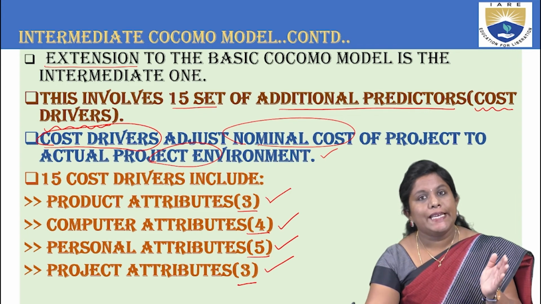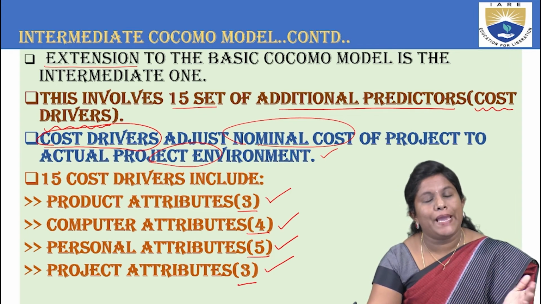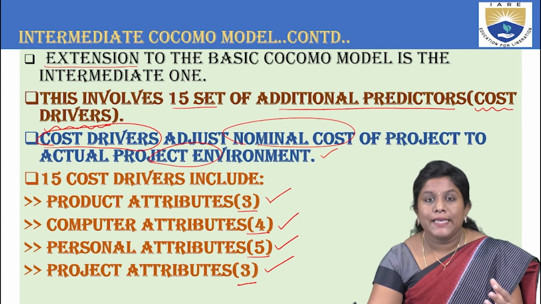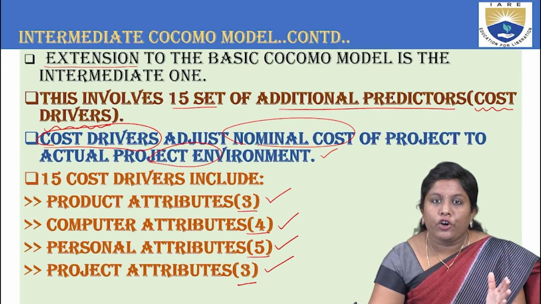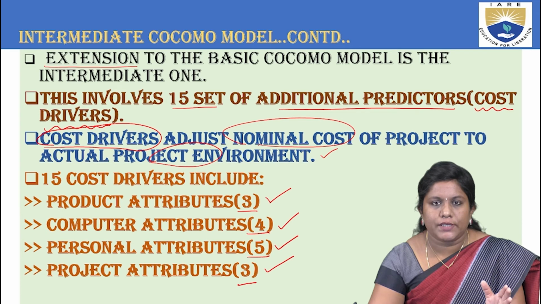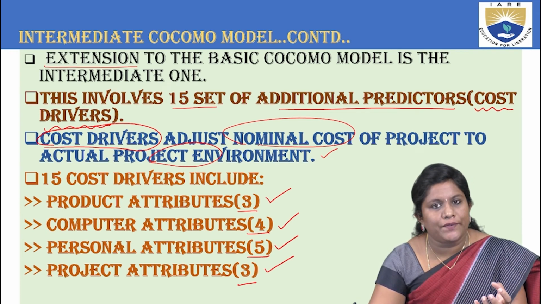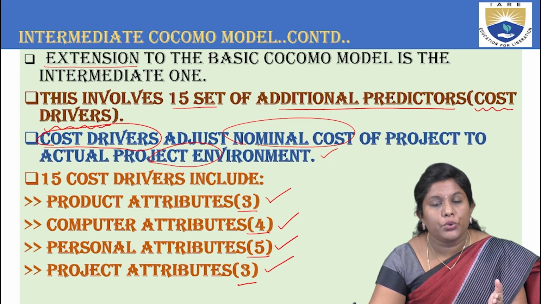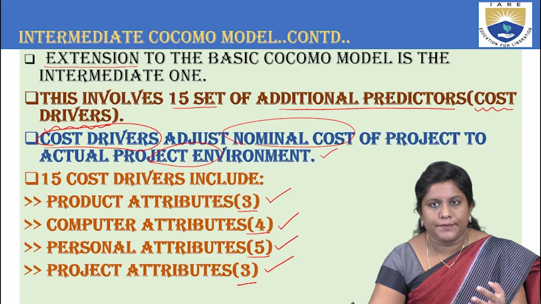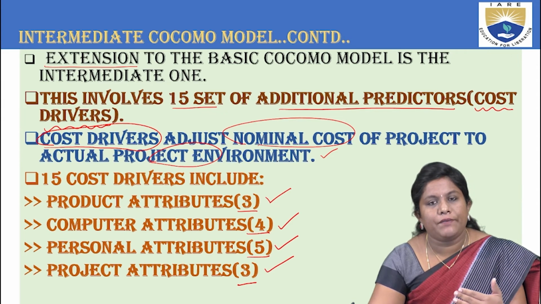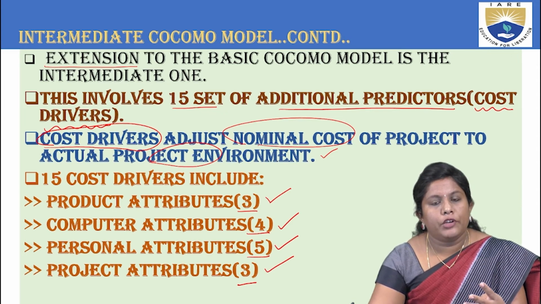So I repeat, intermediate Cocomo model is an extension to the basic Cocomo model. This involves a set of 15 cost drivers. Now what do these cost drivers do for us? These cost drivers help us adjust the nominal cost of the project to the project environment. And they are again subdivided into 4 different attributes.